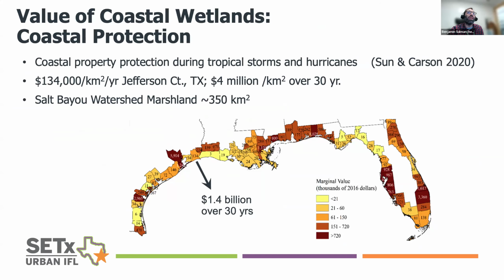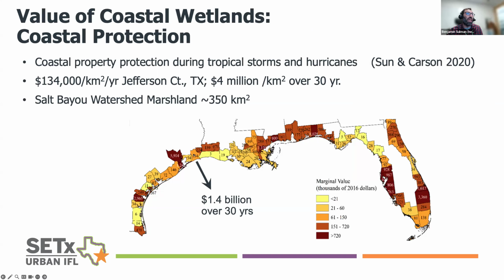We can assign dollar amounts to many of these ecosystem services that are provided by wetlands. Coastal protection tends to be a really important one, particularly in these Gulf Coast areas where hurricane impacts can be really severe. Especially Southeast Texas was hit by Hurricane Harvey, which caused a lot of damage. So here are some estimates of the monetary value of some of these wetlands.